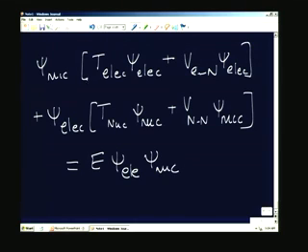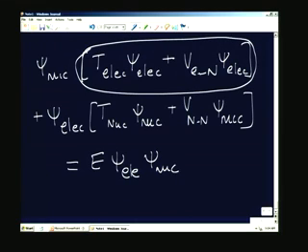Now if you look at this particular form, here is the wave equation corresponding to the electronic kinetic energy operator and the electron nuclear potential energy, both of which depend on the electron coordinates. That is a wave function which depends on the electron coordinates. The solution of this becomes the solution for the electron problem for a particular set of nuclear coordinates.